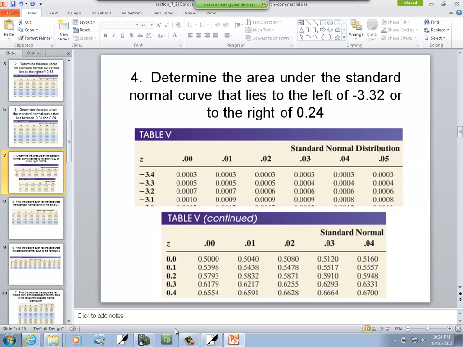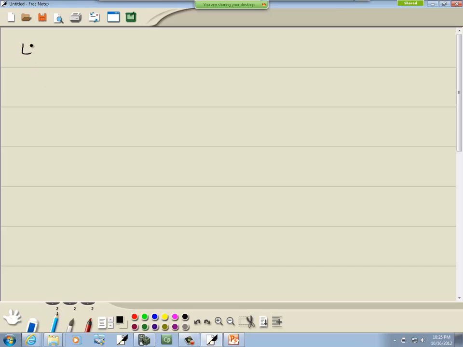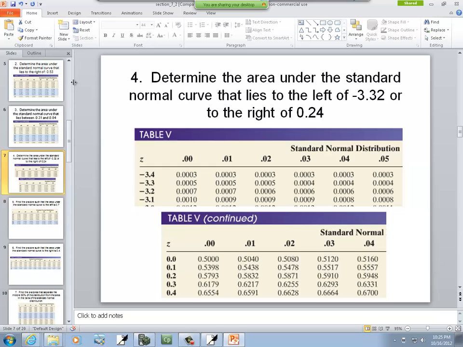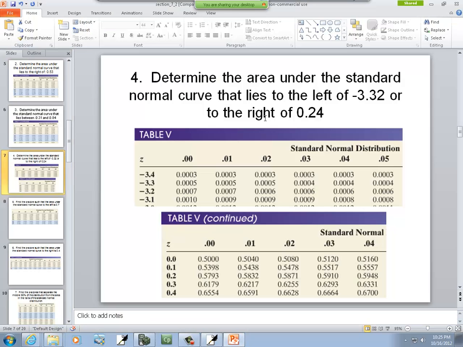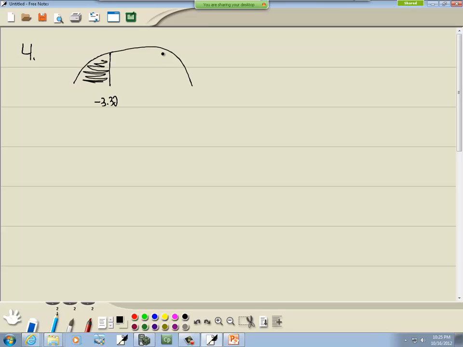Let's take a look at number 4 here. It says determine the area under the standard normal curve that lies to the left of negative 3.32, or to the right of 0.24.